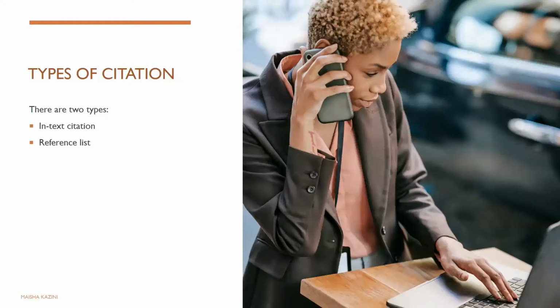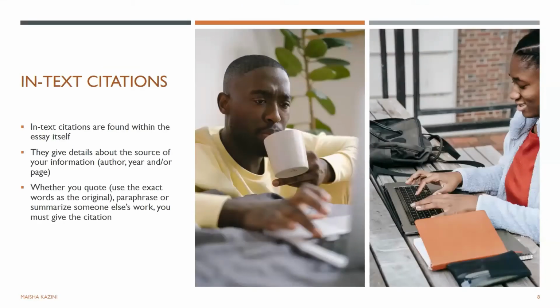There are two types of citation. There's the in-text citation, which is done within the essay, and there's the reference list. In-text citations give details about the source of our information, and specifically the author of the publication we are quoting, the year, and sometimes we may also include the page, especially when we want to direct the reader to the exact location where we got the information from.